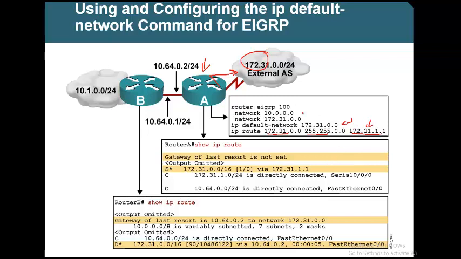This is the IP address of this router here, 172.31.1.1. When you do this correctly, you will not face any mistake.